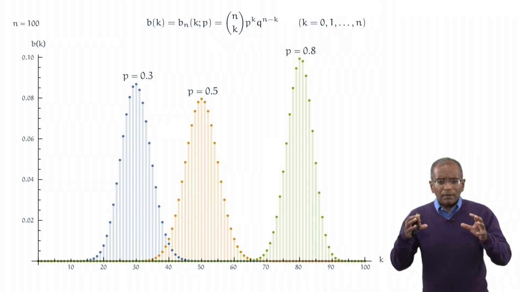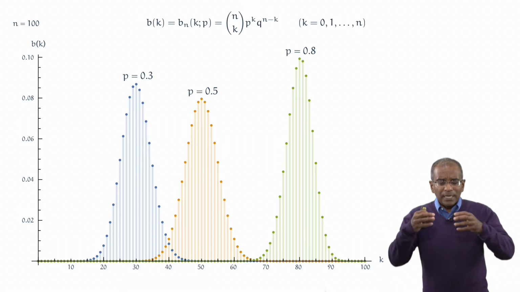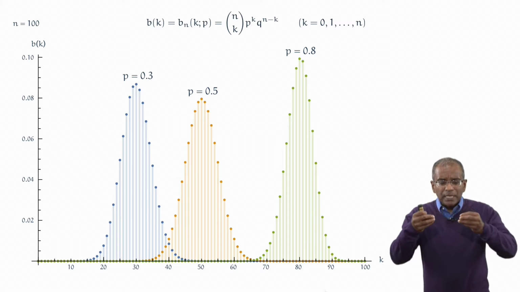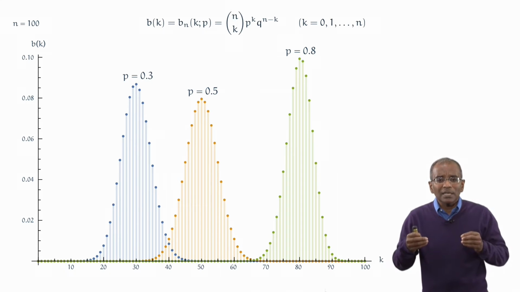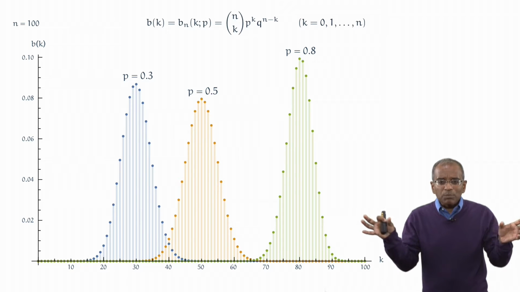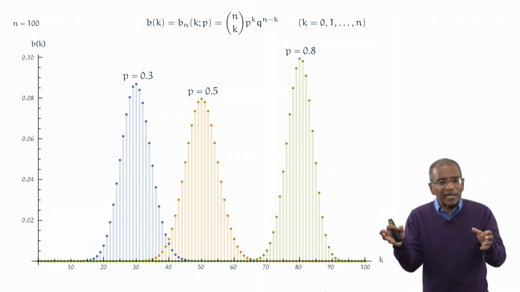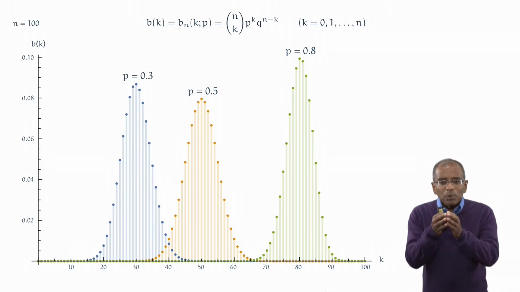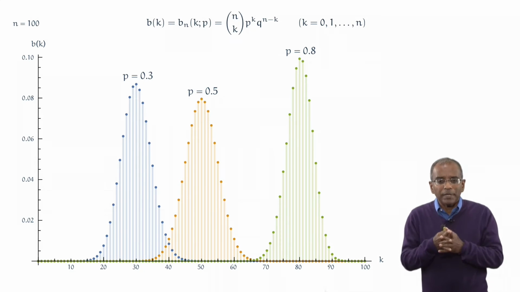It's clear visually that the distribution probabilities are most dispersed when the coin is fair, that the probabilities get more concentrated, albeit slightly on this scale, when p moves away from 0.5.